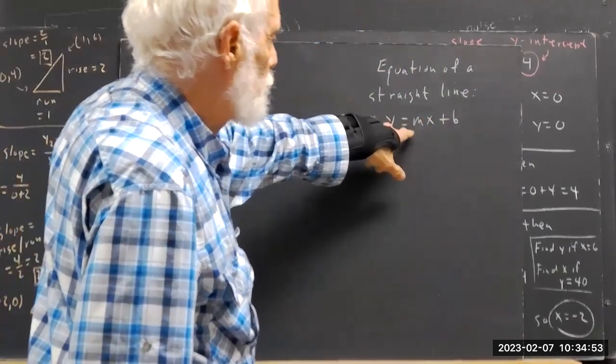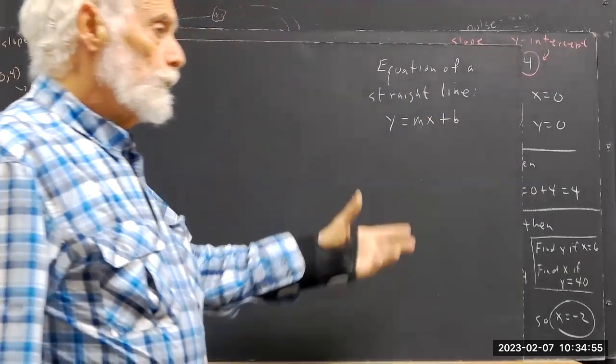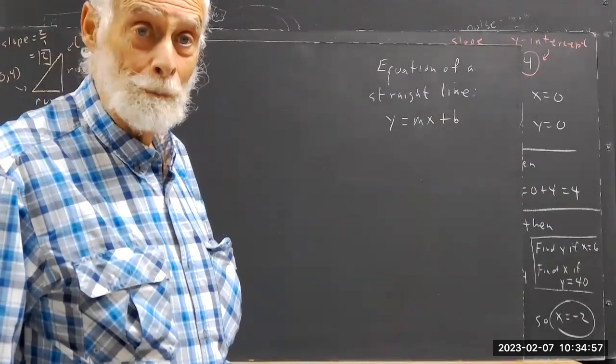We write it y equals mx plus b. That's pretty universal, at least in English, okay?